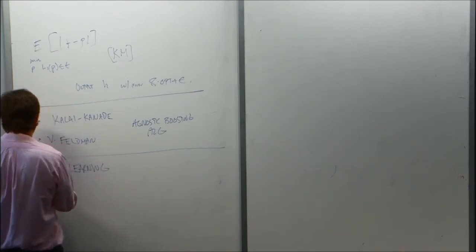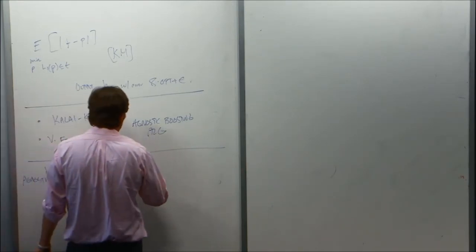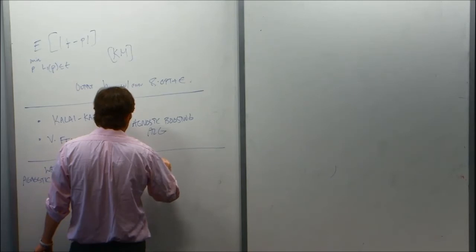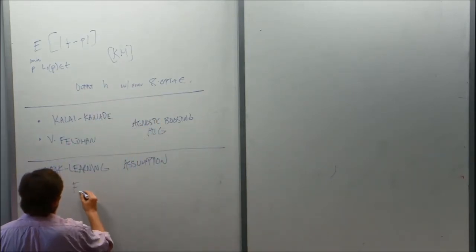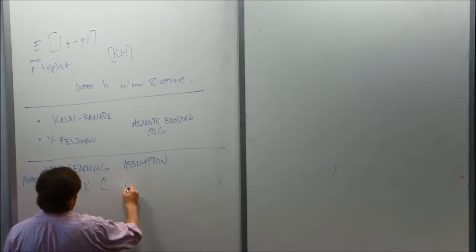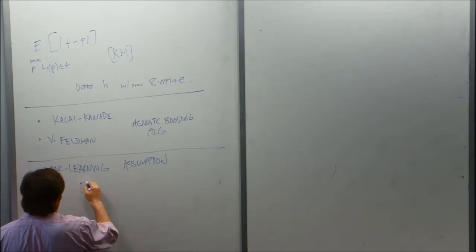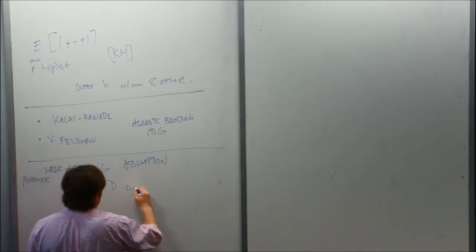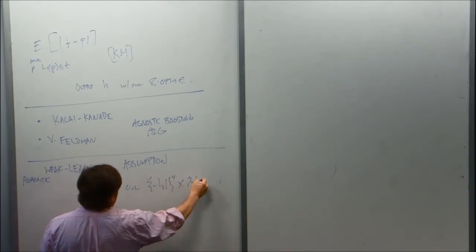So it's an agnostic weak learning assumption. I'm going to fix, again, a concept class C, and a distribution D, again a joint distribution.